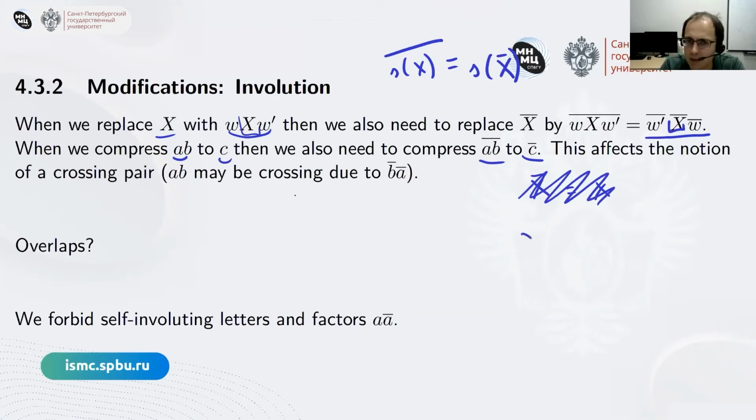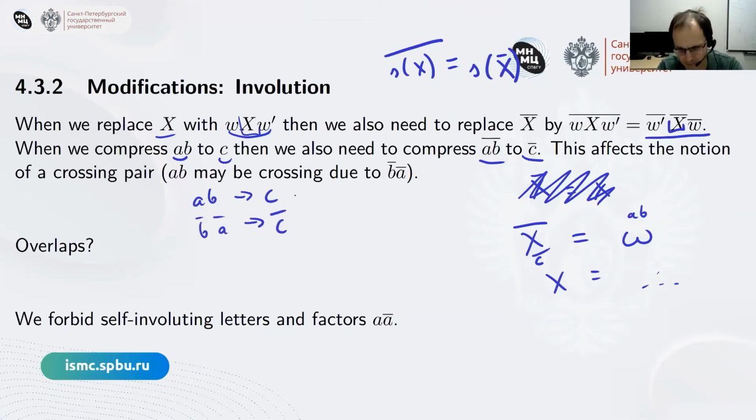Because it could be that we are writing something like x involution is equal to some string w, we replace AB here, so we need to replace it with the corresponding C here, so we need to introduce the involution of C for x, and then this means that on the other side we need to also compress this B involution, A involution into the C.